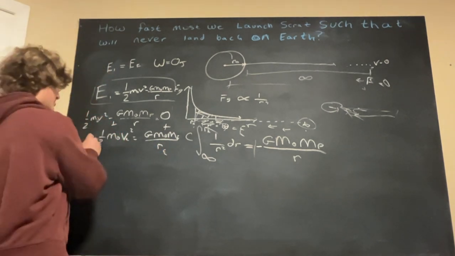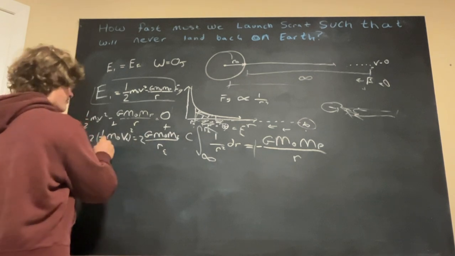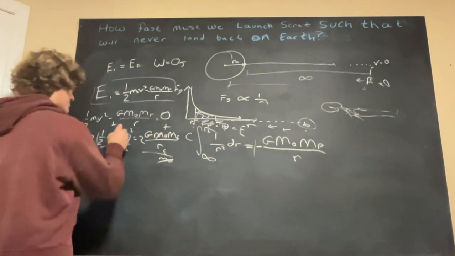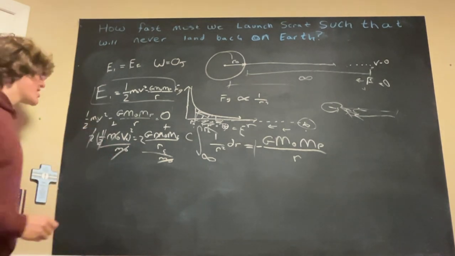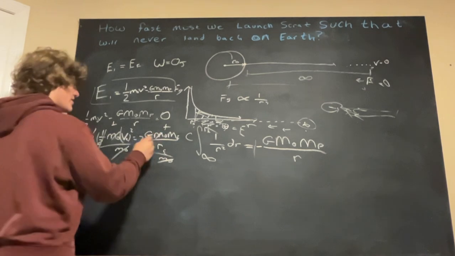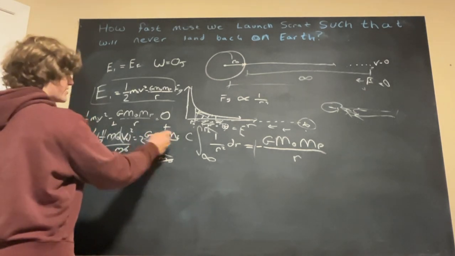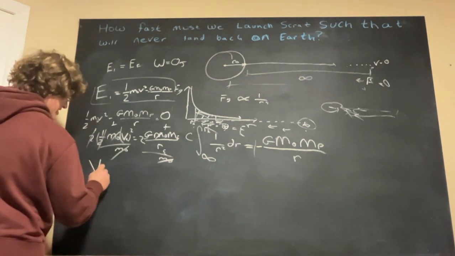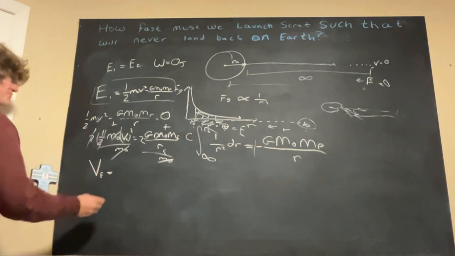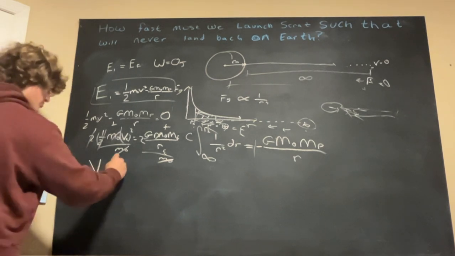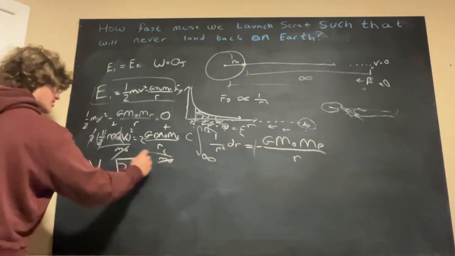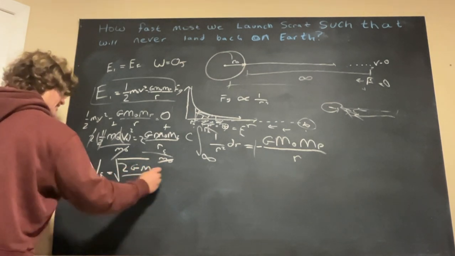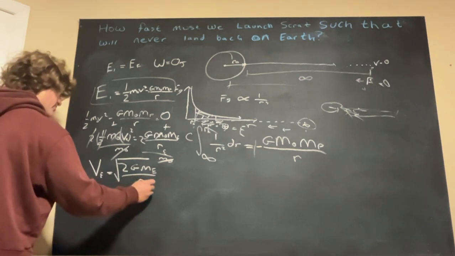You can multiply both sides by 2 and then divide both sides by the mass of the object. So the masses cancel, and we get v squared is equal to 2G times the mass of the Earth divided by the radius of the Earth. So we can write v_escape is equal to the square root of 2G m of the Earth divided by the radius of the Earth.